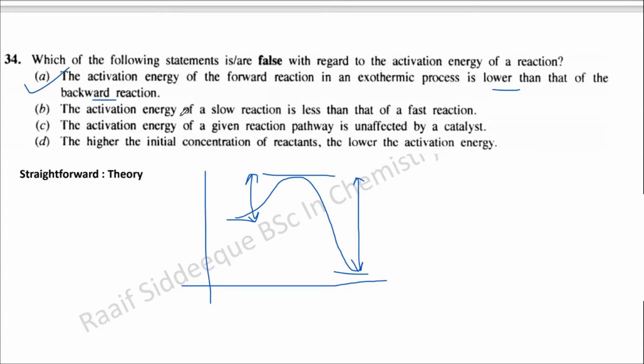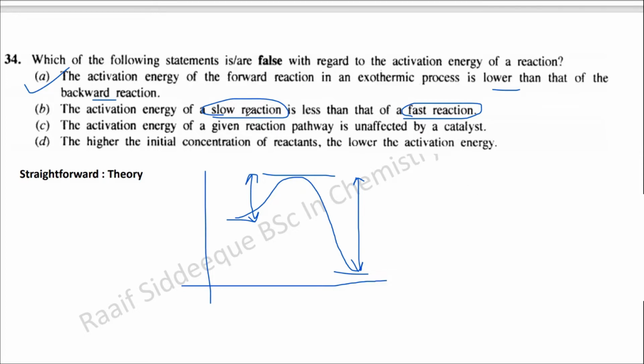The activation energy of a slow reaction is less than that of a fast reaction. So what can you tell about this one? Slow reaction and a fast reaction. We cannot exactly predict.